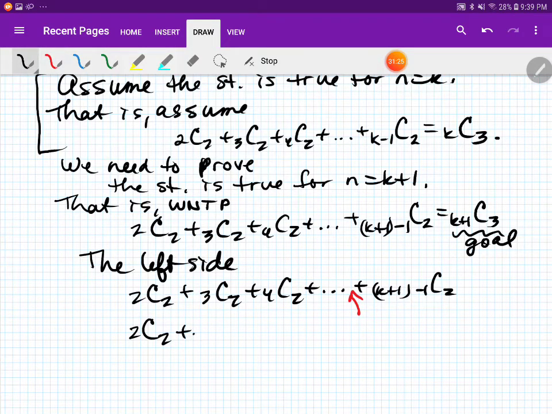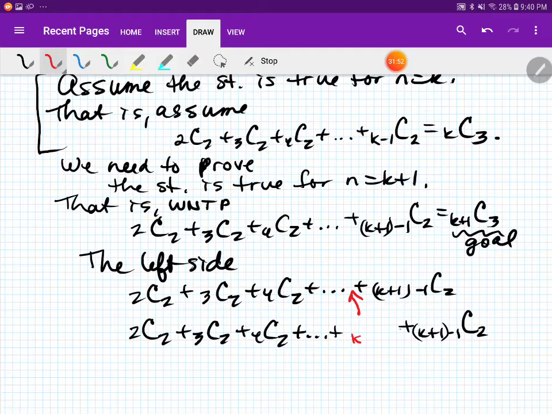I could see why their notation is better because it's kind of hard to do these subscripts. So what would be here? Instead of a k plus 1 in the front minus 1, it would be the term before, so this would just be k minus 1, c2.